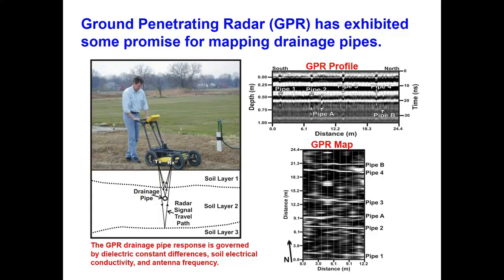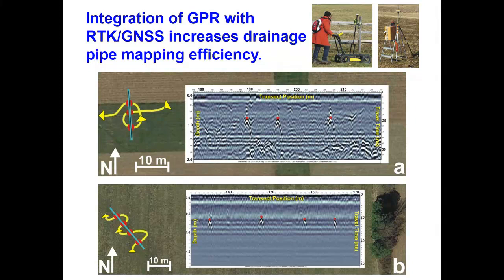You can use the GPR data to produce a view of the soil profile beneath the surface, along the transects where the GPR data is collected. You also produce GPR amplitude maps, which is basically the reflected radar energy from a particular depth interval. With either one, you look for responses in the profile, these upside-down U-shaped features, or in the maps, these linear features that are indicative of where the pipes might be present.